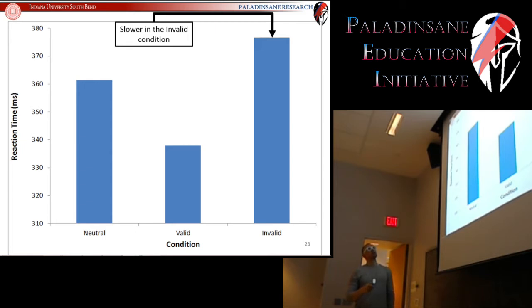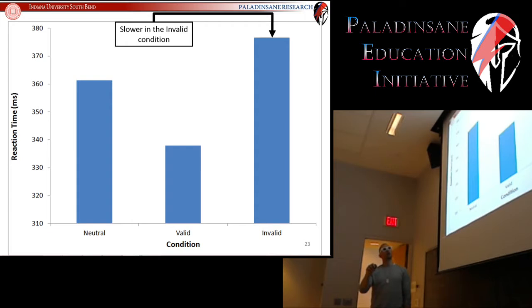So this gap between these two, 330 milliseconds approximately for the valid, 370, 380 approximately for the invalid, that difference of 50 milliseconds, that measures how long it takes you to drag your attention from one side of the screen to the other side of the screen. Because when you're right there at the correct side, that's how fast you are.